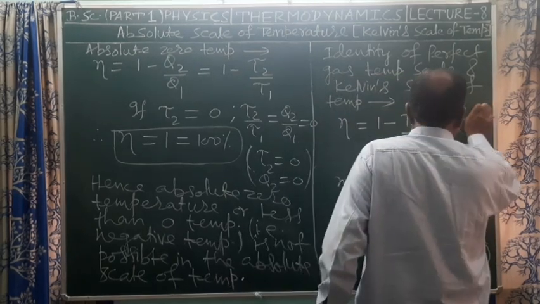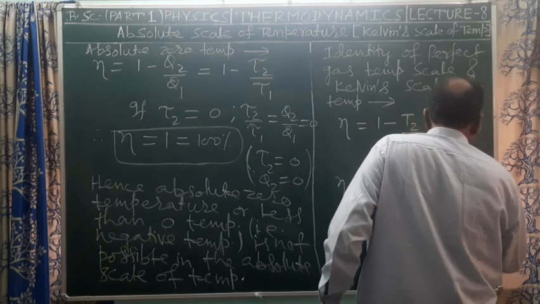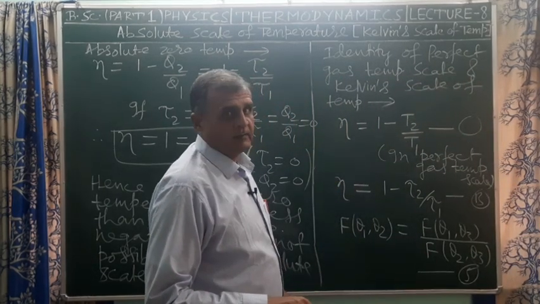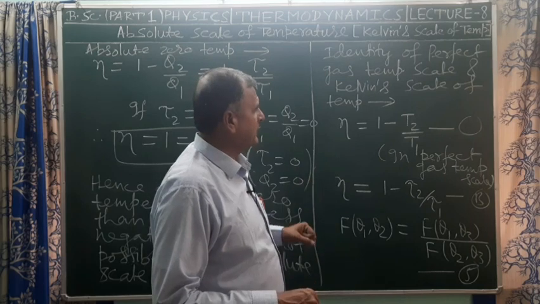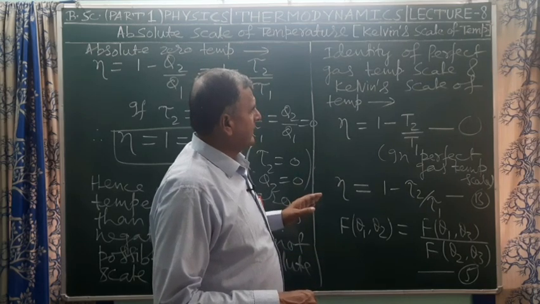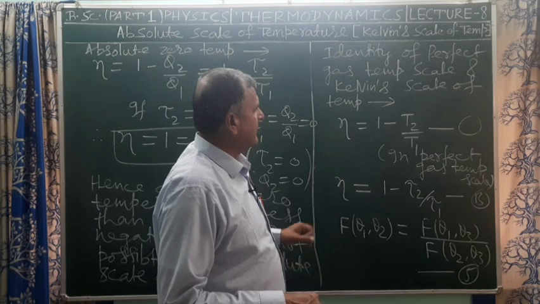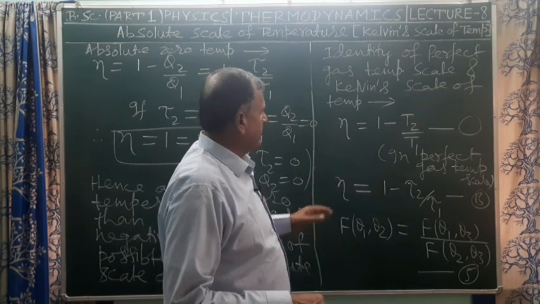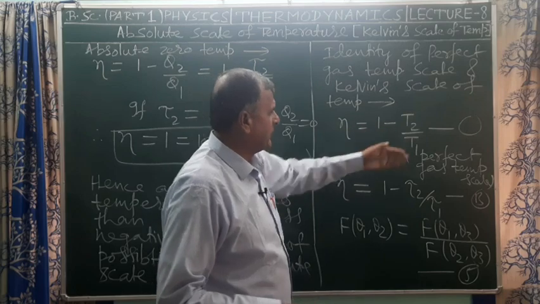Suppose it is equation number B. When an ideal gas or perfect gas is used in a reversible heat engine, that is in the perfect gas temperature scale, the efficiency of the heat engine is 1 minus T2 upon T1.